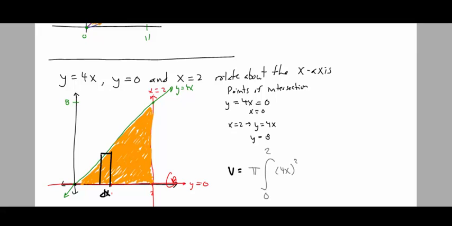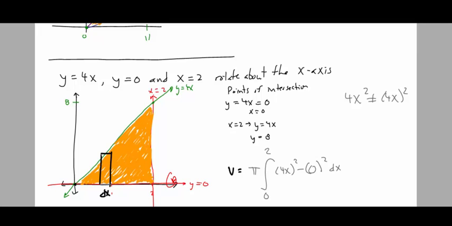It's not just the x that's squared, so we don't write this as 4x squared. We write it as 4x quantity squared. And then the inner radius is the distance between the axis of rotation and the bottom of the rectangle, which we can see is a 0 here. I always like to plug these in so I can see that I have the inner radius accounted for. And the width of this rectangle is dx.